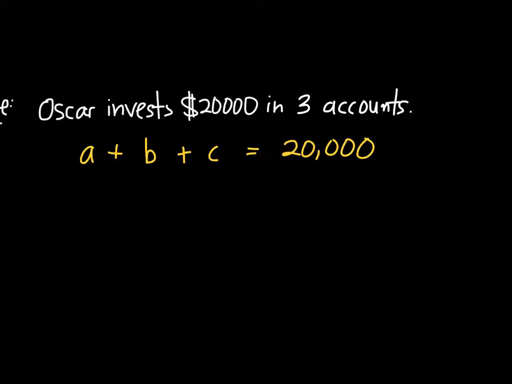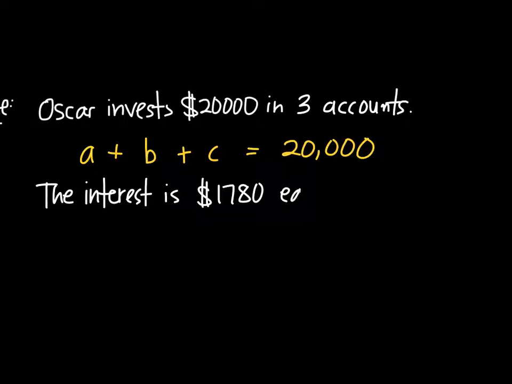All right, next sentence. Look at them sentence by sentence and see if you can translate that into math. The next part: the interest is $1,780 earned at 6%, 8%, and 10%.